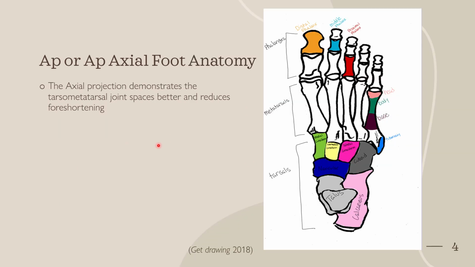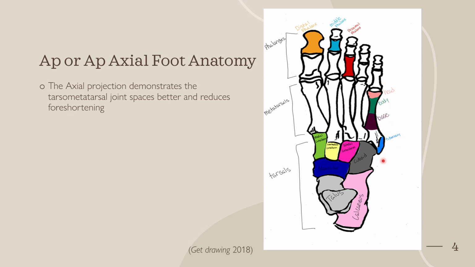Okay, so our labeled anatomy for our foot. We have our phalanges, and then our metatarsals, and then our tarsals. Starting with our phalanges, we have our distal, middle, and proximal phalanx. And then for our metatarsals, we have our head, body, and base.